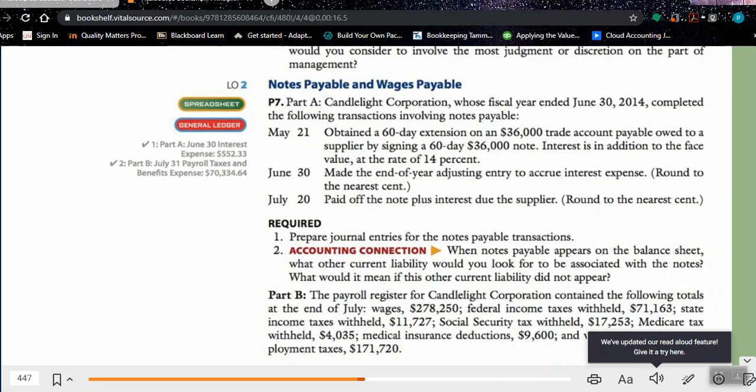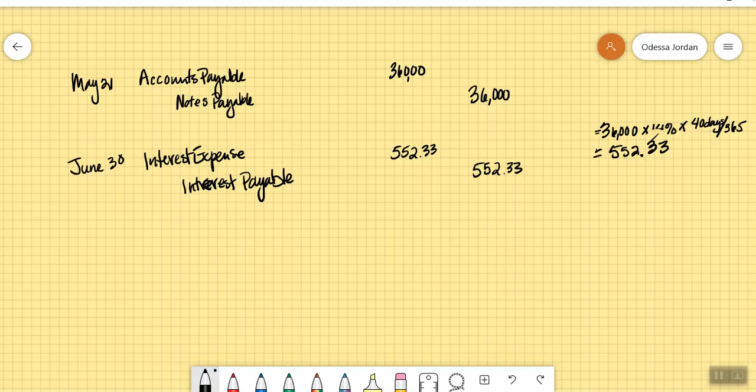Let's go on ahead and do some calculations to the side. We know that again, the note was worth $36,000. We know that there was a 14% interest rate. And the days that we're talking about here is 20 days out of 365 days.